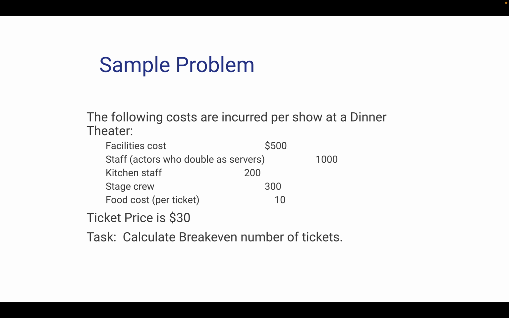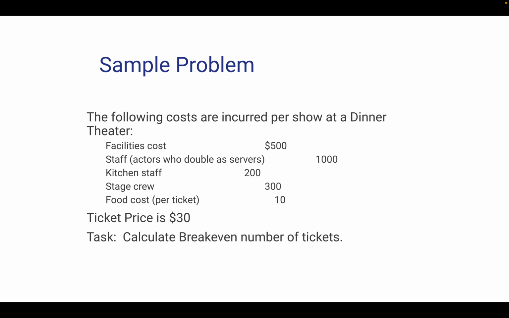So the more people buy tickets, the more food you have to buy. Per ticket, you will have food costs of $10, which means if you look at the ticket price, you can immediately see there's $20 left to cover the fixed costs.